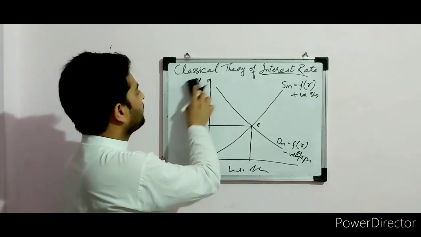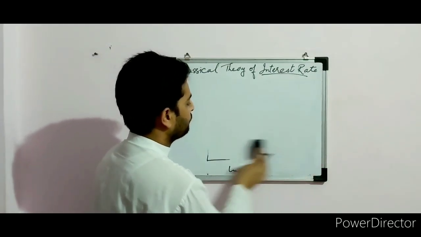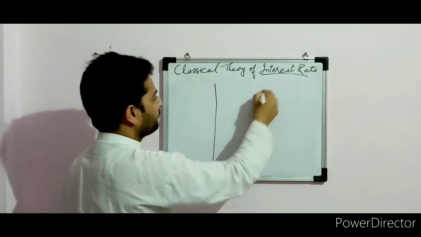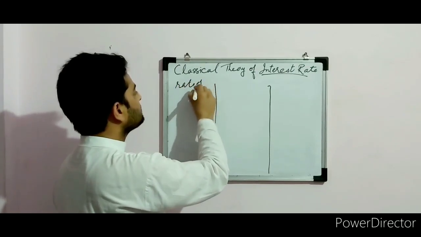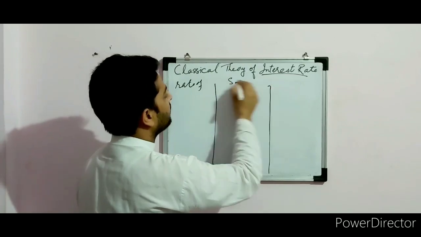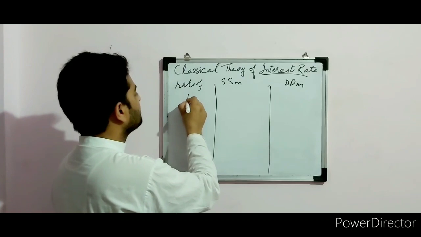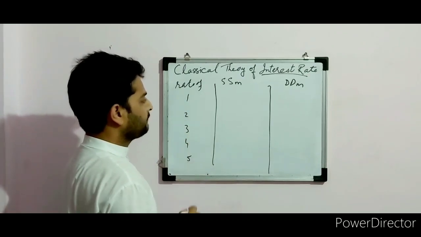We can show it with an example. Here we have three columns. In the first column we have the rate of interest, then the supply of money, and then the demand for money. The rates of interest are 1, 2, 3, 4, 5.